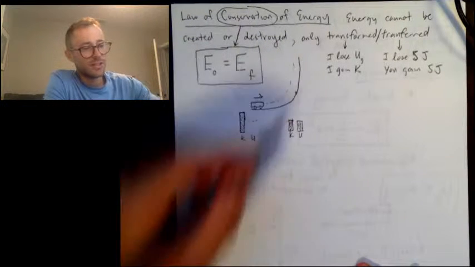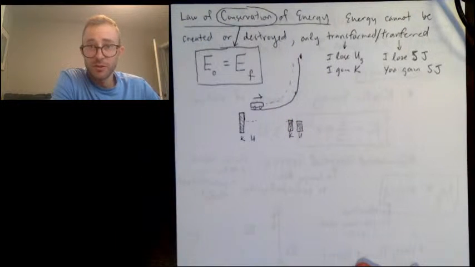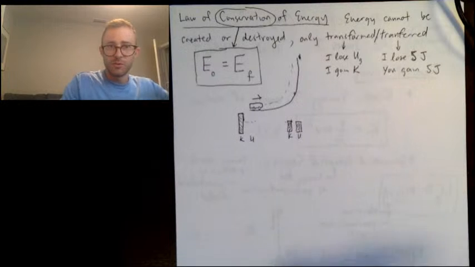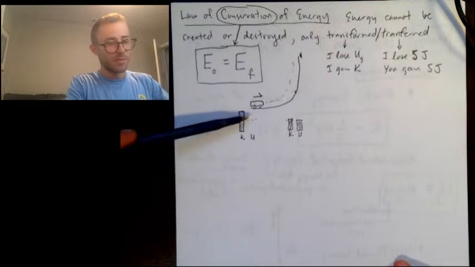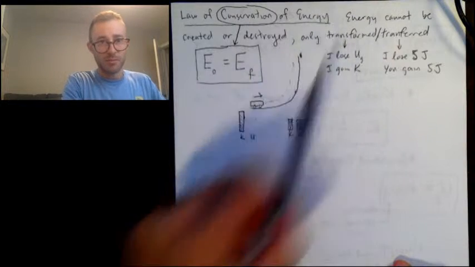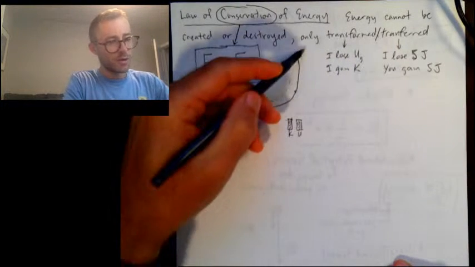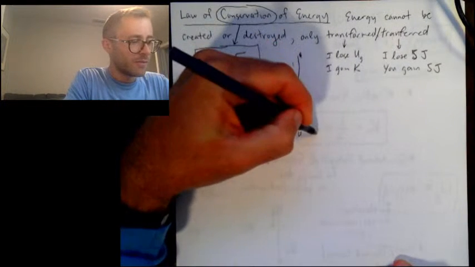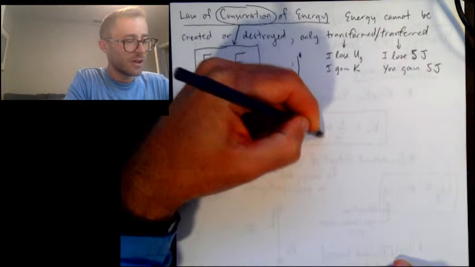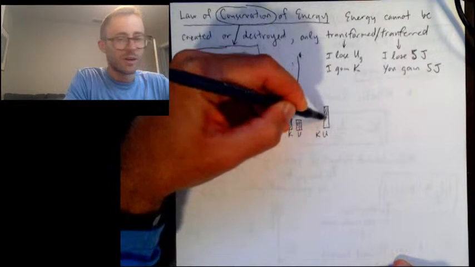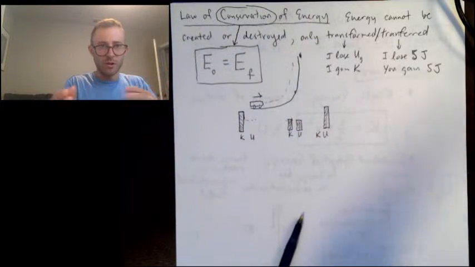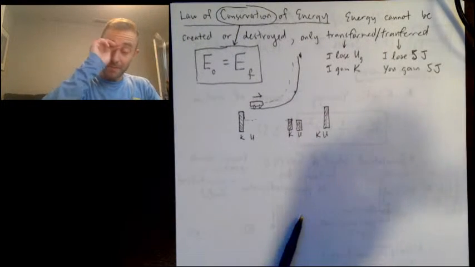And then as it continues to go up, eventually it'll reach a point where, you know, if you pushed a roller coaster cart up a hill, it's going to go up the hill and eventually it's going to come to a stop, right? So at that point where it comes to a stop, you have no more kinetic energy and you have all potential energy. So these forms of energy are changing from one type to another type.